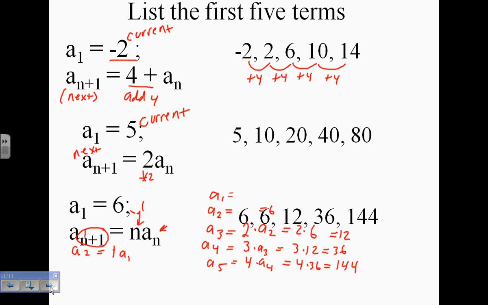Perfect. Moving on. A series. A series is a sequence that is separated by a plus sign. A series is a sum of a sequence.